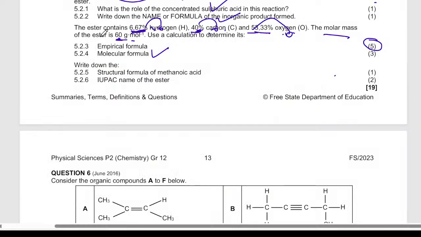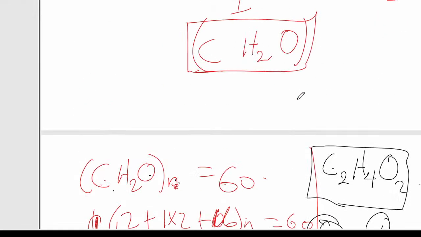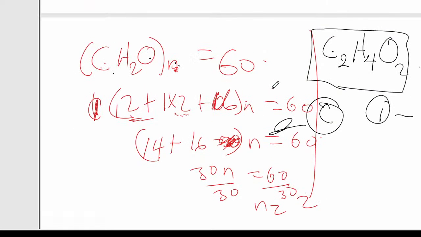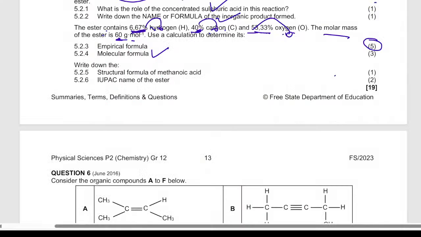They said that it is an ester. They didn't mention where the ester is coming from, which alcohol or which carboxylic acid they used. So basically, that's how you're supposed to do the calculation. Have you got it?